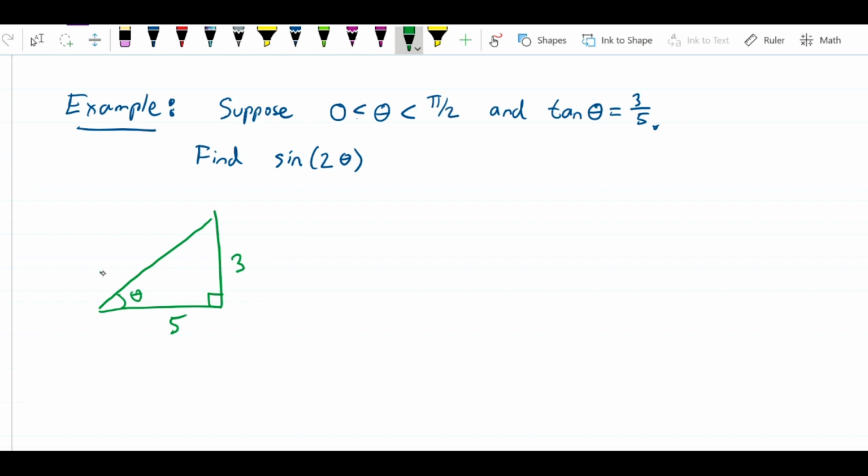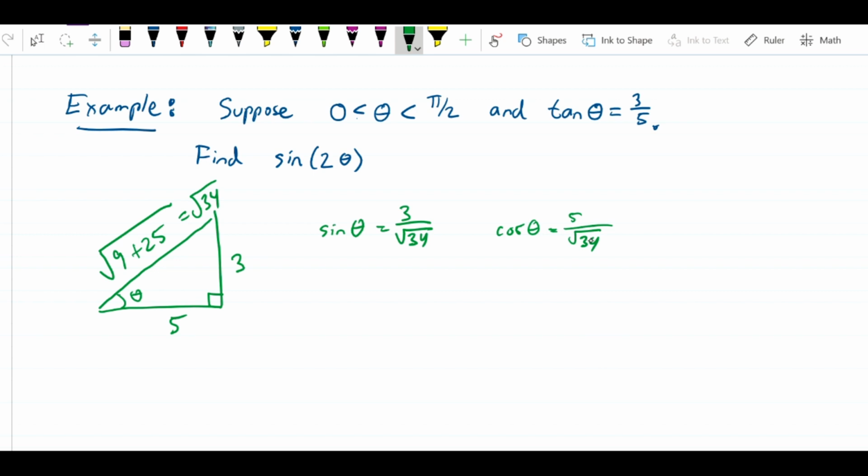So that means that the hypotenuse is going to be 3 squared is 9 plus 5 squared is 25, and that gives us a hypotenuse of square root of 34. So we now know that the sine of theta is equal to the opposite over the hypotenuse, and the cosine of theta is equal to the adjacent over the hypotenuse.